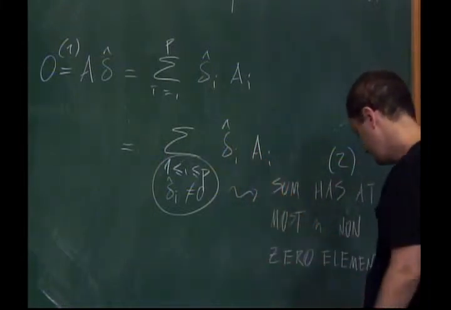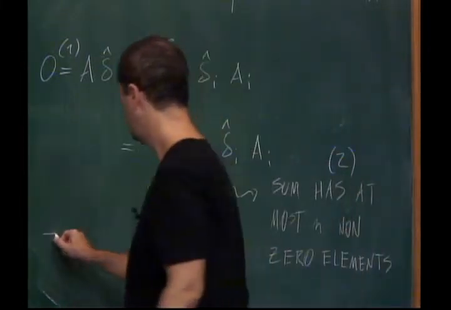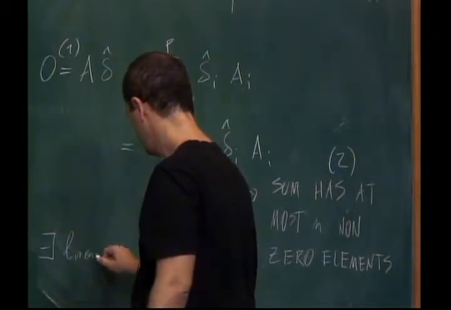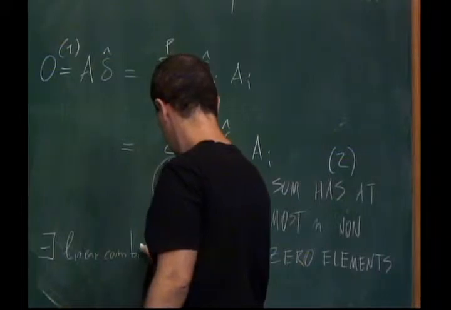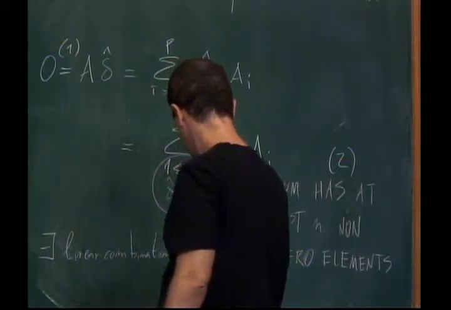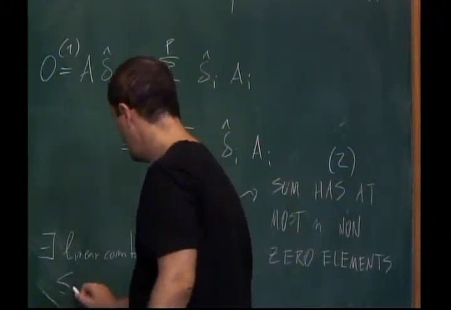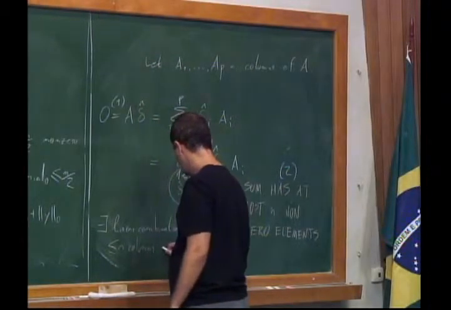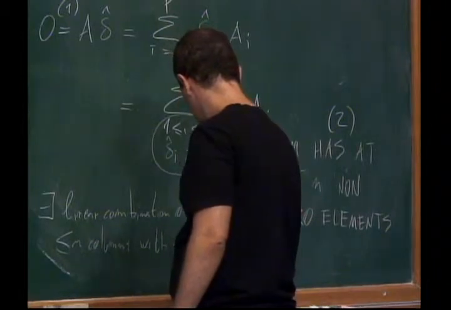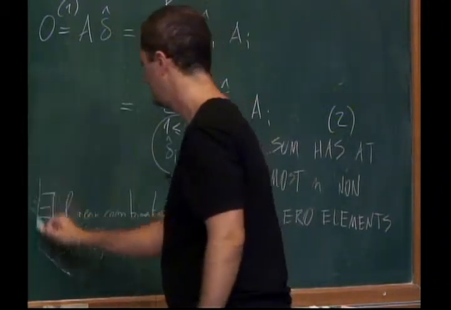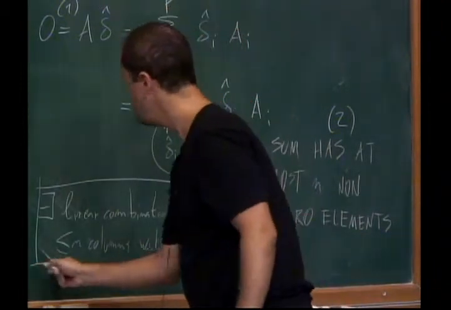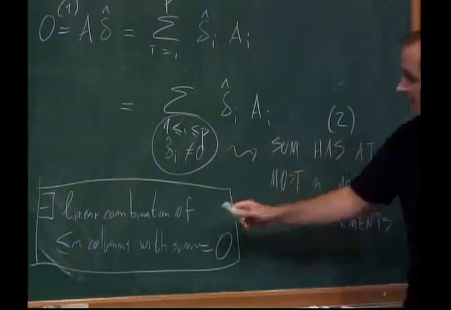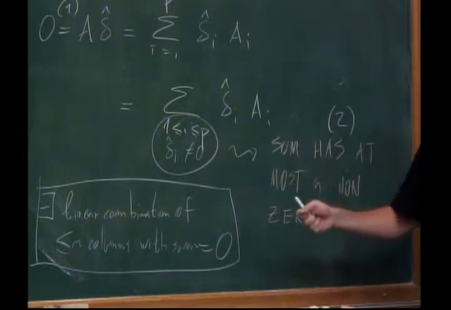Right? So there's a linear combination of less than n columns with sum 0. Now I use the fact that A is generic. We know that any n columns are linearly independent.